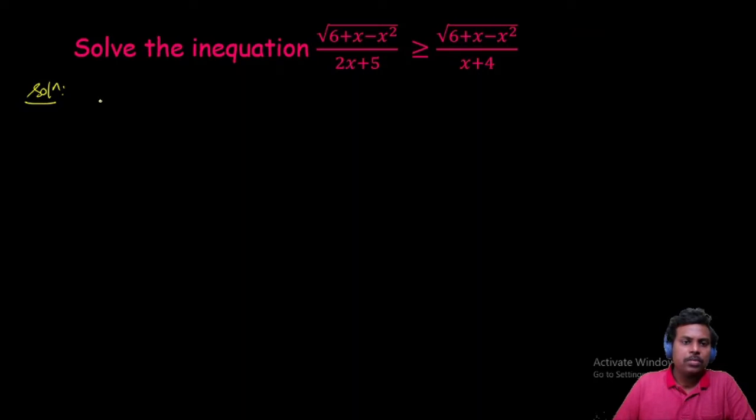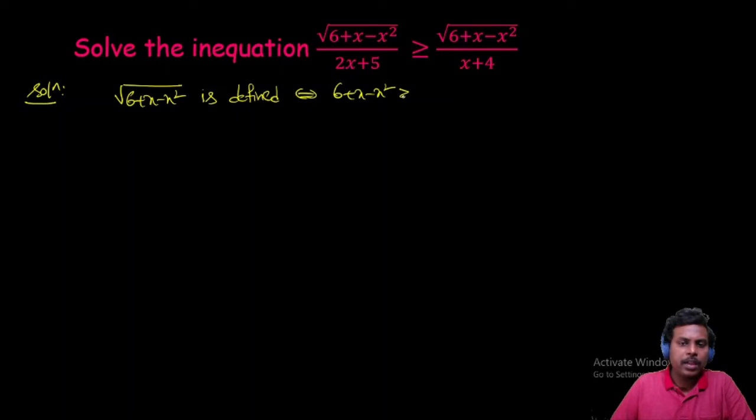So usual practice is the first there is a under root function. So 6 plus x minus x square is defined if and only if 6 plus x minus x square is greater than or equal to 0. So here for information, 6 plus x minus x square can be factorized as 2 plus x into 3 minus x.